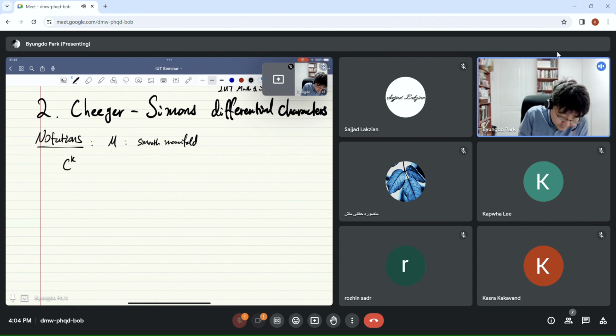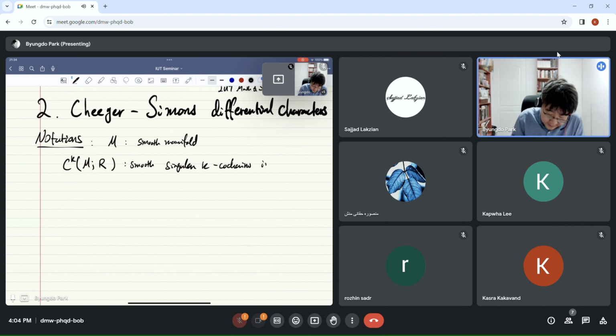And I'm going to use the notation C^k(M; R) to be smooth singular k-cochains in M with coefficients in R. Here R is a commutative ring with unity.